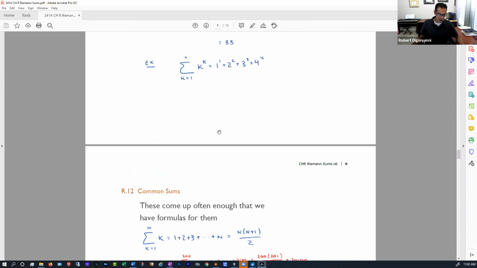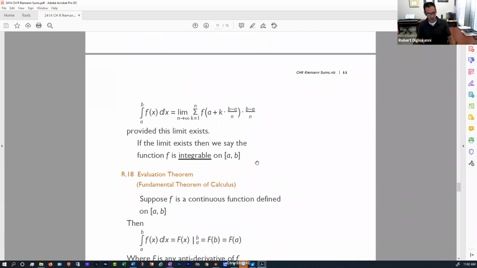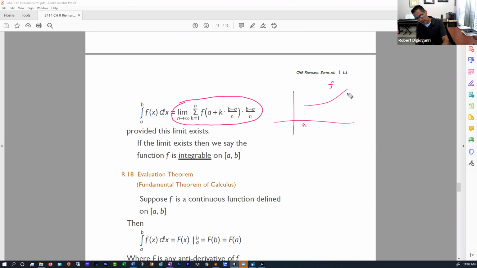After everything was said and done, we got to a formula for the area underneath the curve of a function f on some interval a, b.